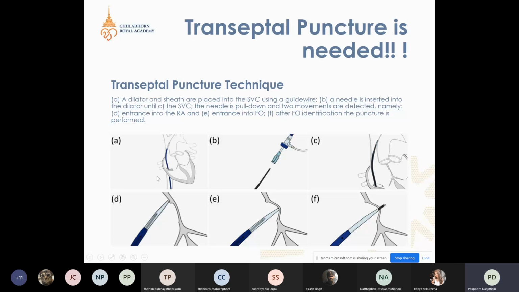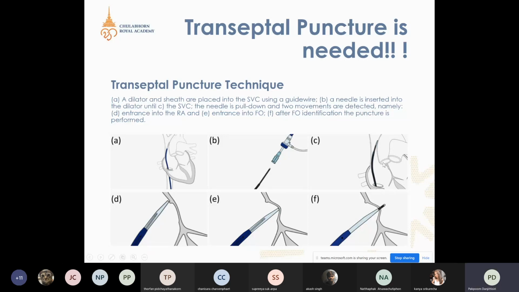The dilator and sheath will be pulled down from the SVC into the interatrial septum with 2 drops. The first drop will be the big drop, because the drop is from the SVC into the right atrium. This is the first drop.